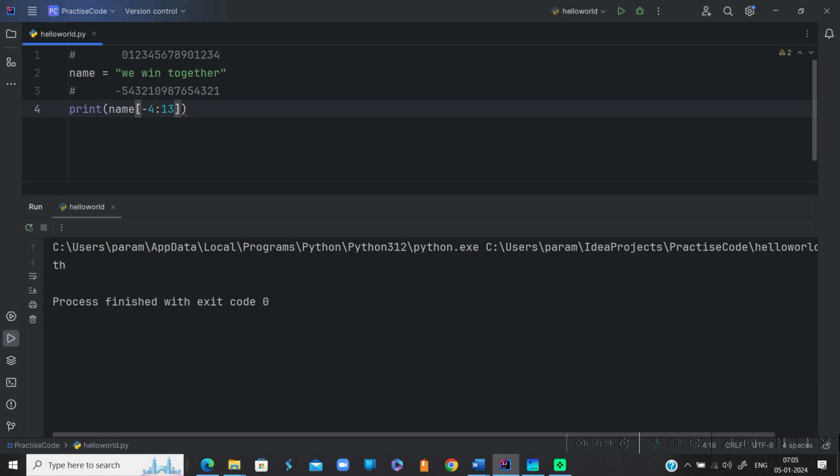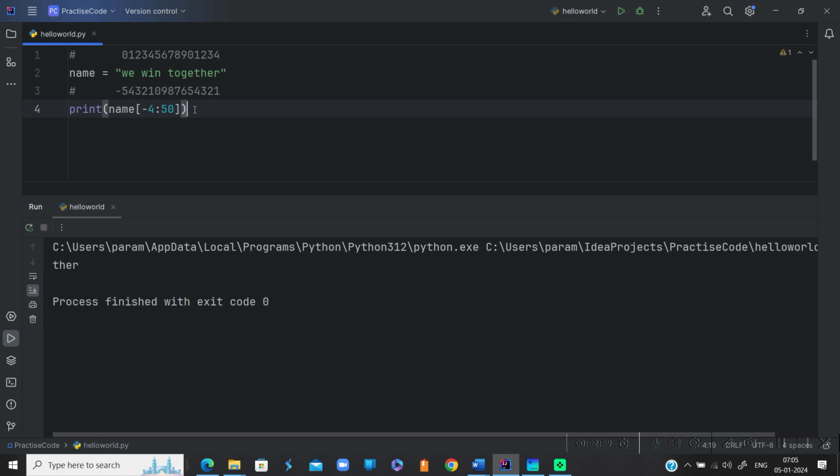Okay, if the second index exceeds the length of the string, what happens? Check it out. It will work. Even if you give 50, it will work.